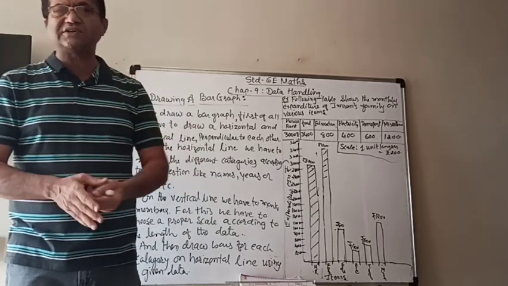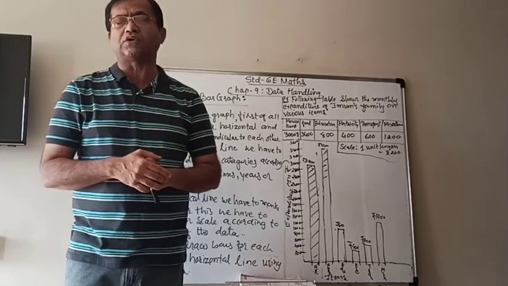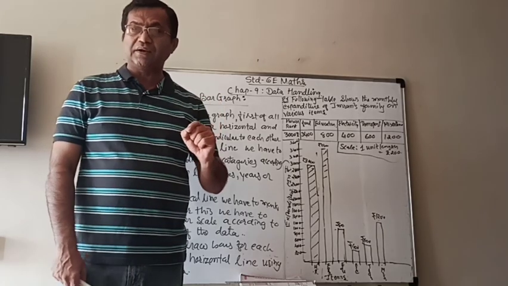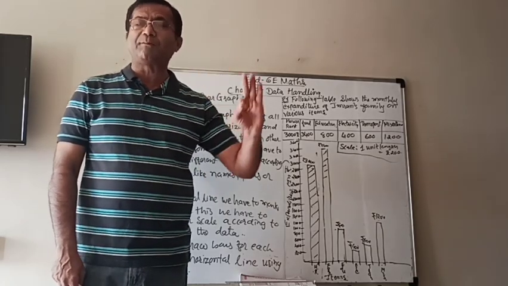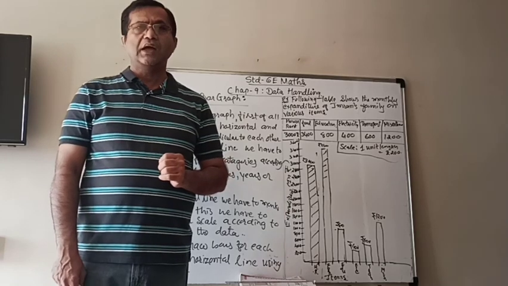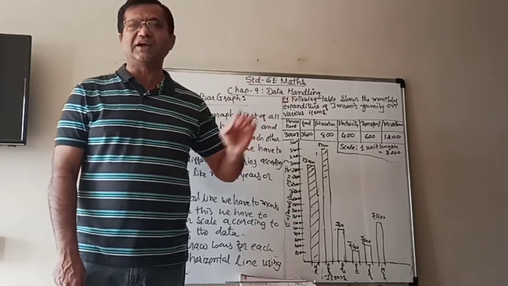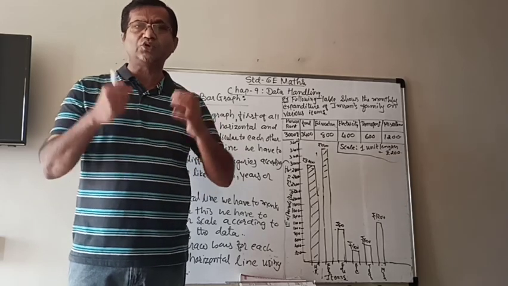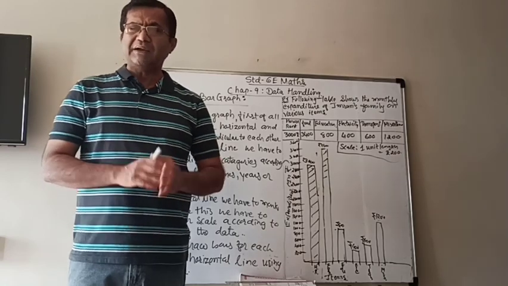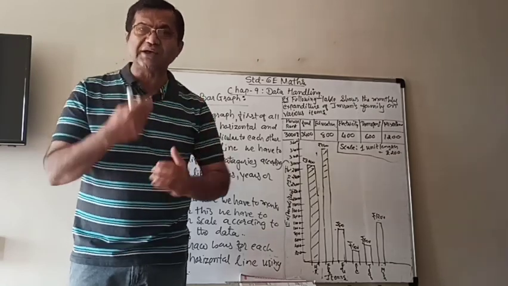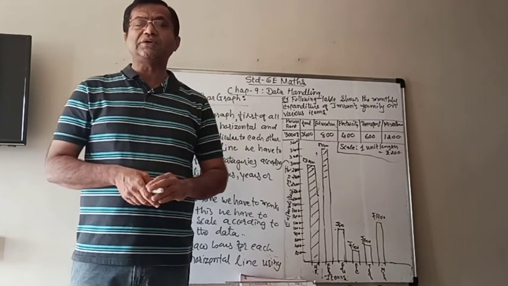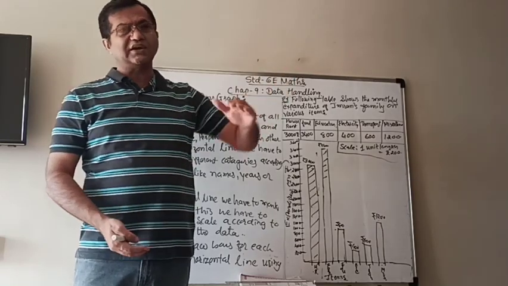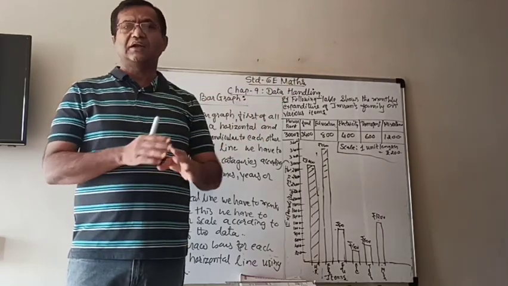So according to the situation, first check the highest amount in your data, and according to that choose the proper scale. It is not a very difficult thing. In the beginning you may find it difficult to choose the scale, but as you do more and more sums, you will automatically understand that this is big, so I can take this scale, and this is small, so I can take that.